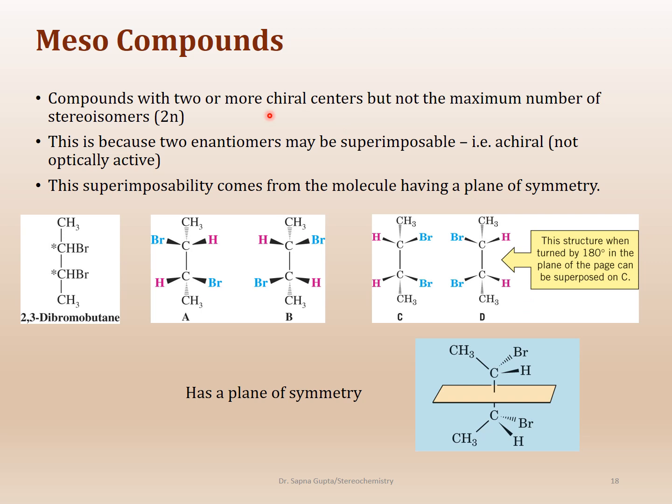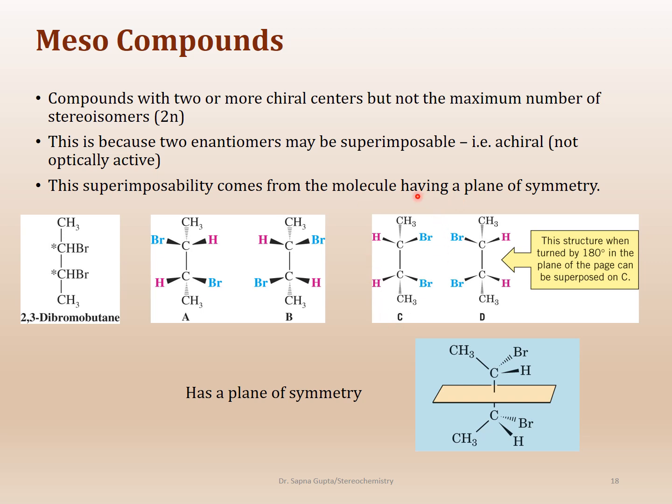These kinds of compounds are called meso compounds. So even though they have chiral centers, they still are not optically active, and so they're called achiral. It doesn't mean they don't have a chiral center. They do have chiral centers, but they are not optically active.